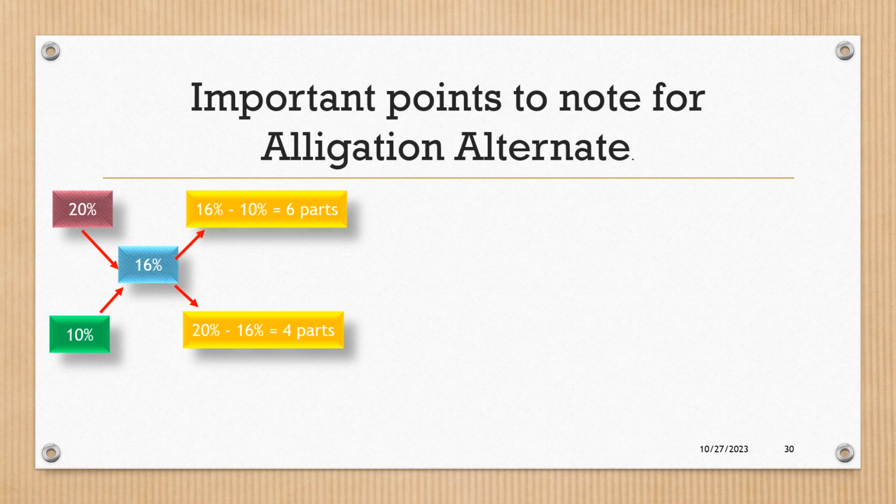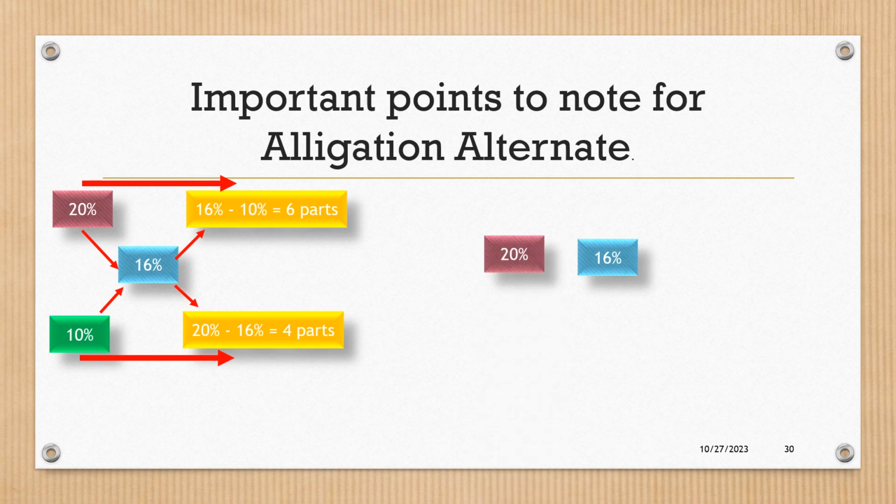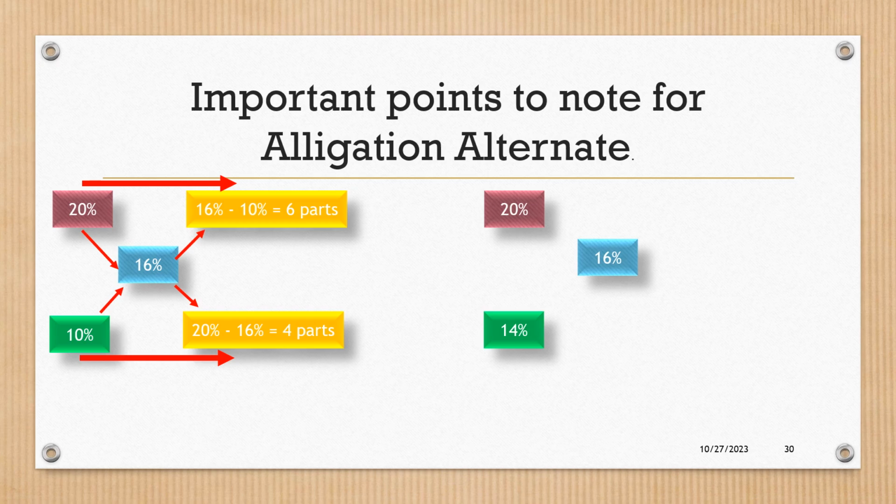But this is not all. Remember, we have a third concentration, and this must also be used in making our product. Now, what are we going to do with this information? We're going to set up another one. Again, your desired concentration is at the center of what you're doing here. And then we'll take, again, the highest and the other of the two lower concentrations that was not previously used.